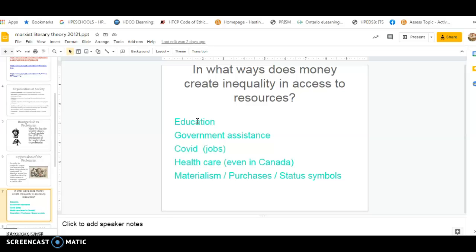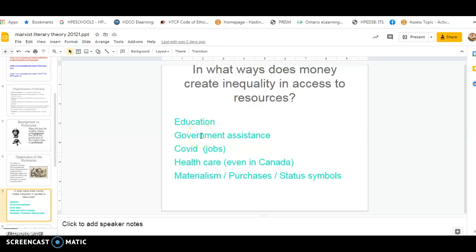I had one friend of mine who borrowed, I think, over $40,000 in OSAP and was working in a government job making, I think, $75,000 a year, and he had to pick and choose between whether he was paying back his student debt or paying rent that month. I think it took him over 10 years to pay off his student loans, paying a high amount every year. And there's the idea of whether you go to school or not because of the amount of money that you have or that you need to borrow.